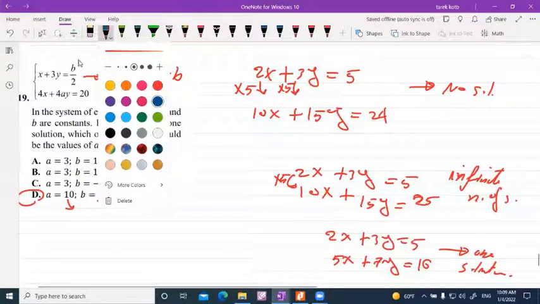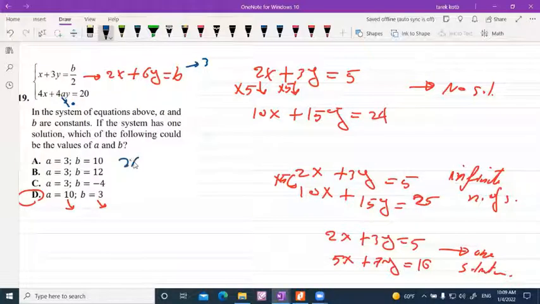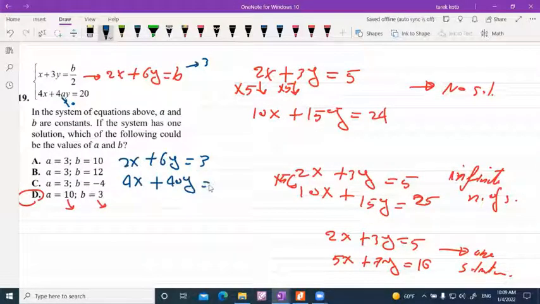look here at choice D. If a equals 10 and b equals 3, what will be the form of the equation? It will be 2x plus 6y equals 3, and the other one will be 4x plus 6 times 10, 4 times 10, 40y equals 20.